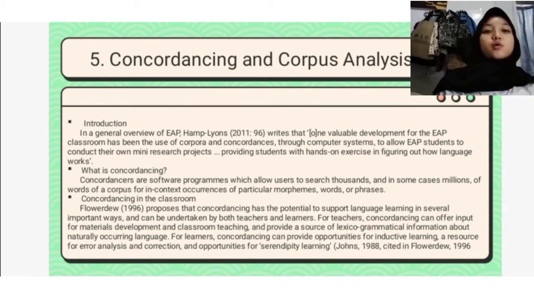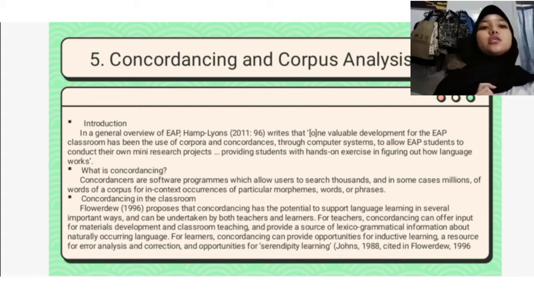Flowerdew proposes that concordancing has the potential to support language learning in several important ways and can be undertaken by both teacher and learners. For teachers, concordancing can offer input for material development and classroom teaching, and provide a source of lexical and grammatical information about naturally occurring language.